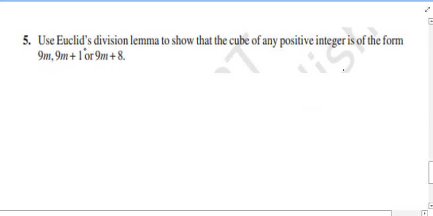Now in question number 5, use Euclid's division lemma to show that the cube of any positive integer is of the form 9m, 9m plus 1 or 9m plus 8. So again we will be using Euclid's division lemma. Let's say a is any positive integer.